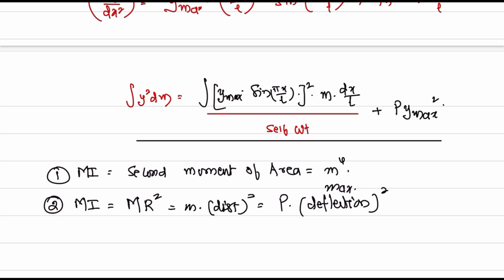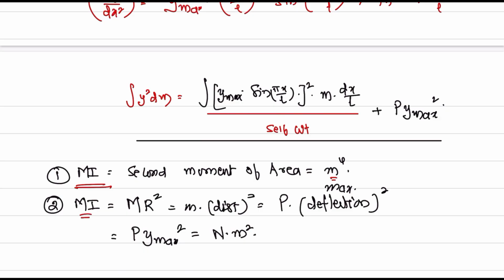Maximum deflection whole square. That means these units are P into y max square, that is equal to Newton meter square. One moment of inertia is second moment of area, that is m to the power of 4 units.